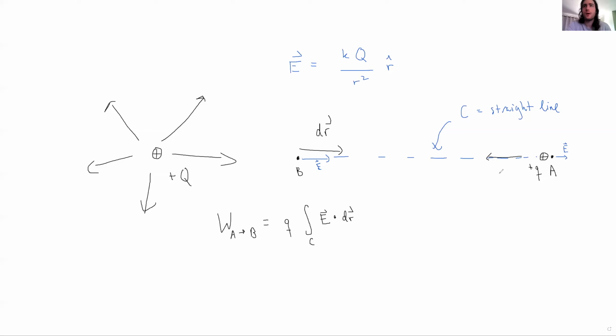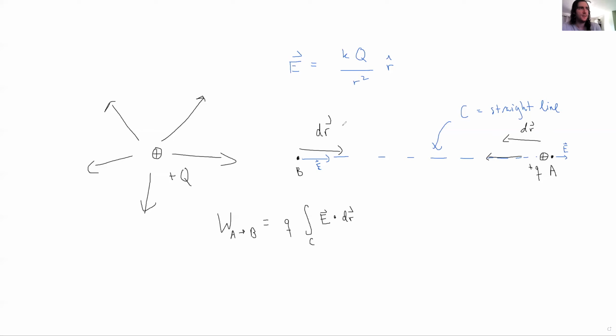Our particle that we're interested in calculating the work done on is moving along this direction though. And so we have two drs here. So it's important that we understand which dr we actually need to use.